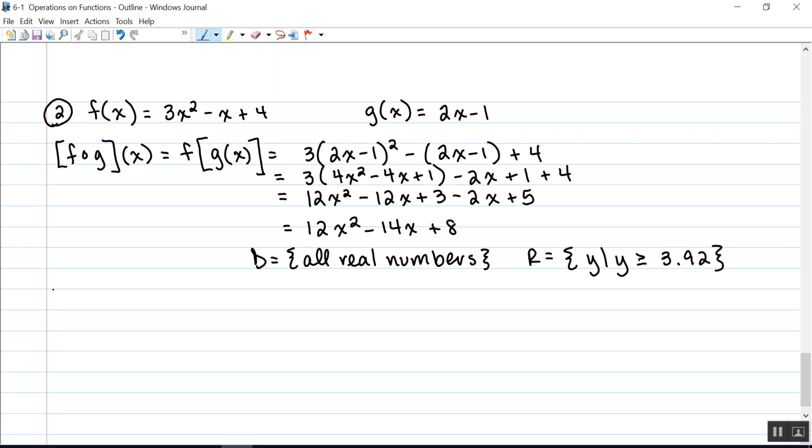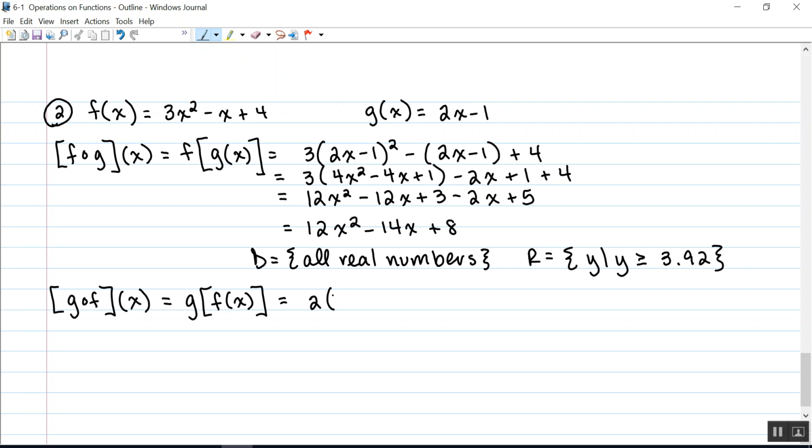Now, to find g of f of x, this one's actually going to be a little bit easier. In this case, we're going to put f into g. So that means that I'm going to take my f function and plug it into g for x.